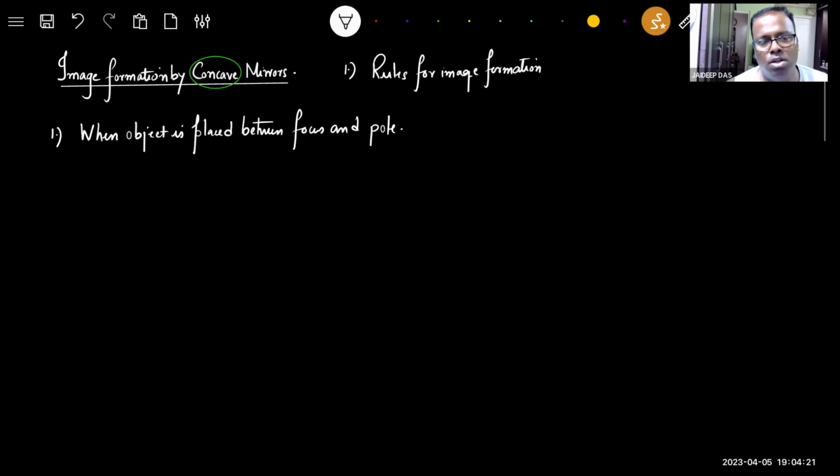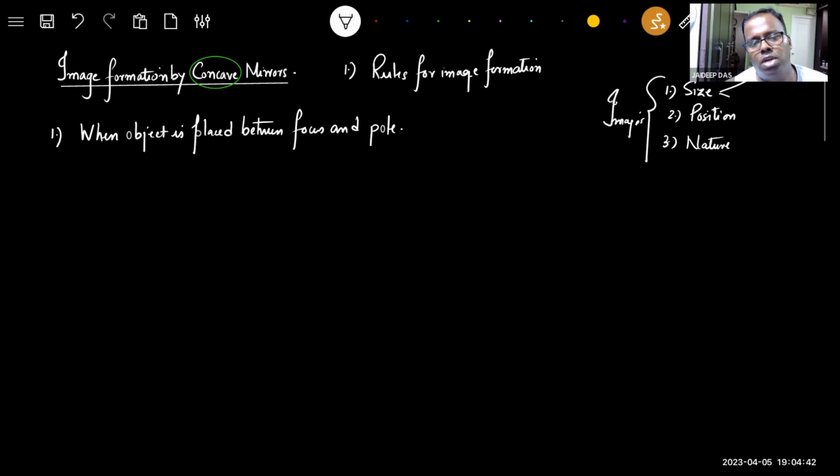In all these scenarios, when you do numericals, you will be asked to comment on three things: number one, size; number two, position; and number three, nature of the image.